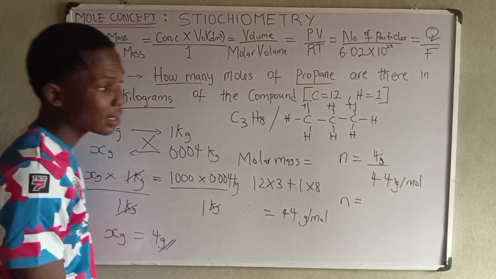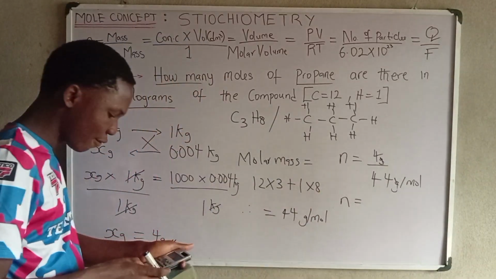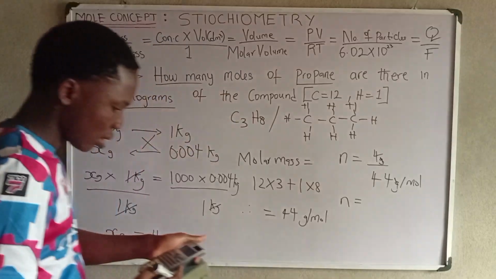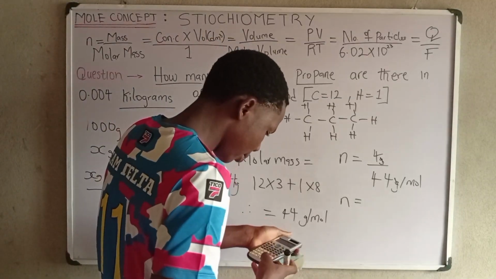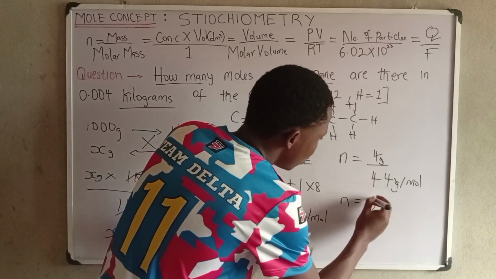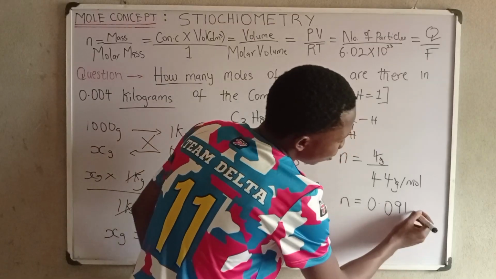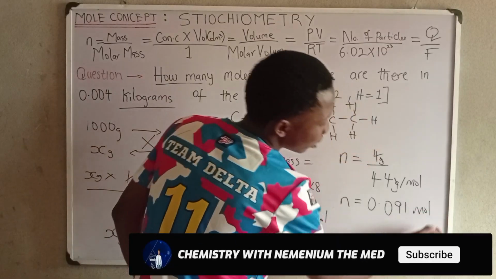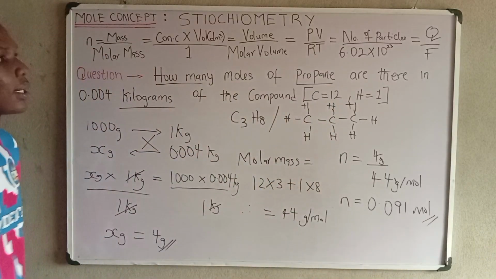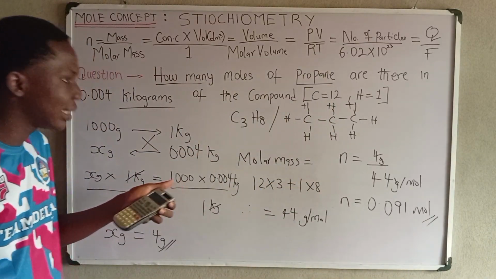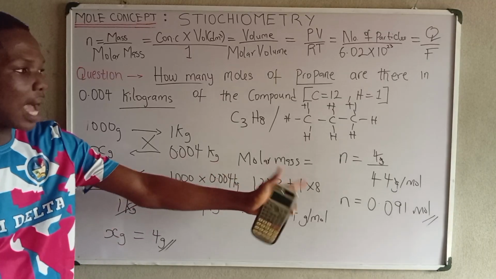Grams cancel grams, right? 4 divided by 44 will give us 0.091 moles, number of moles. Okay, all right, now this is the value for this question. This is the answer for this question.